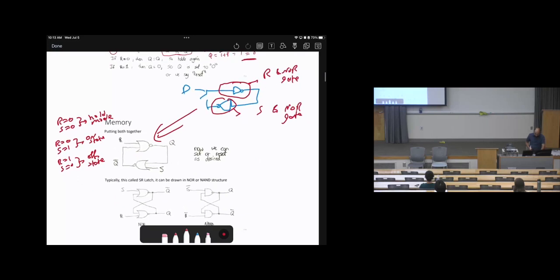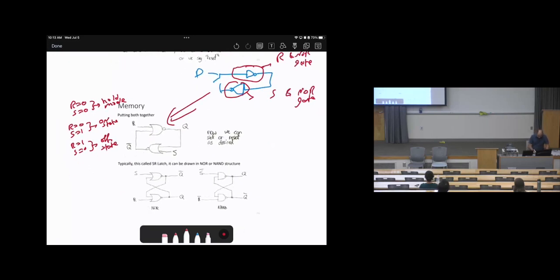So as a result, we can say this is R, this is S, this is Q in U. Then if R equals 0, S equals 0, we are on hold.